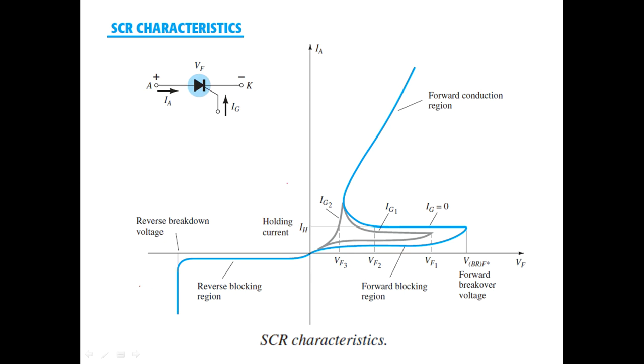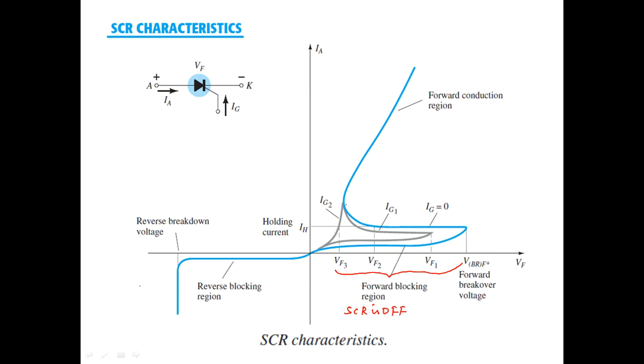In the last session we had seen that in the first quadrant an SCR behaves like this, as shown in the slide. This particular region is called the forward blocking region, wherein the SCR is off.